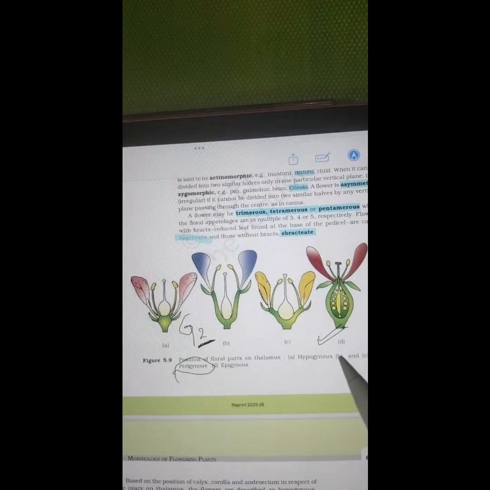So hypogynous, ovary at top. Epigynous, ovary at the bottom and other whorls at the top. And the in-between condition is the perigynous. Always remember that we can use the word half inferior for the perigynous. And the examples of perigynous could be plum, rose and peach, right?